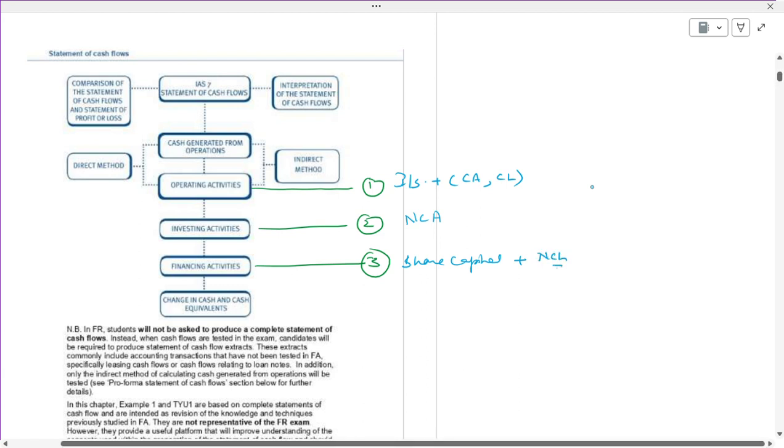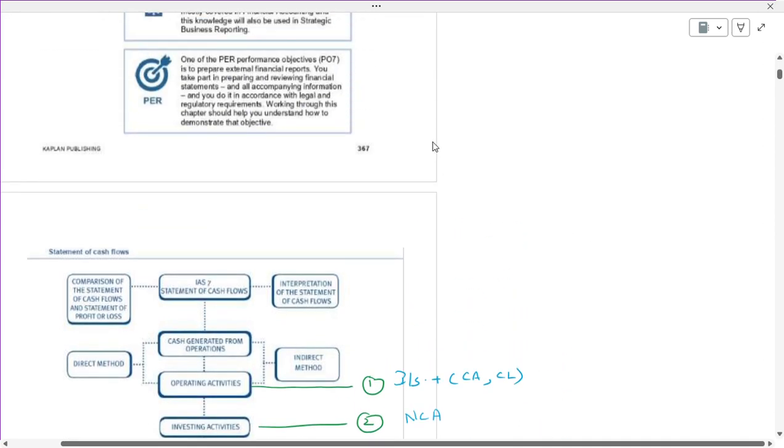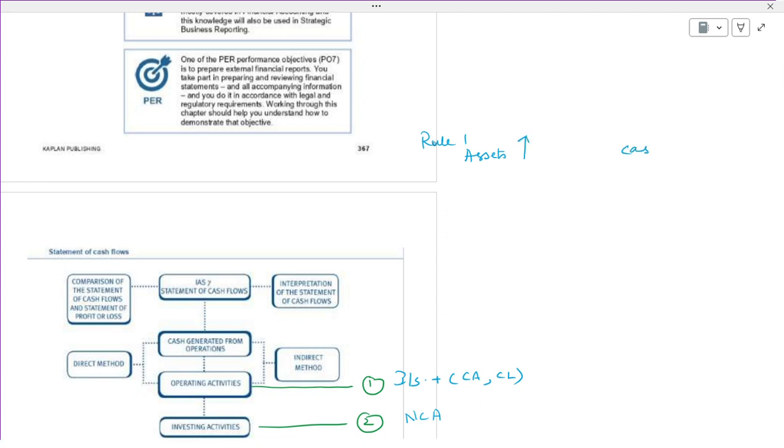Now, I will ask you simple questions. Whether it is a current asset or non-current asset, I will say rule number 1. If an asset is increasing, what happens to cash?